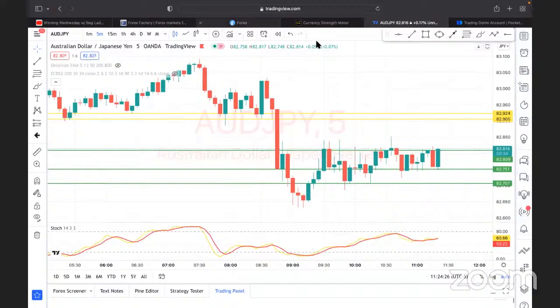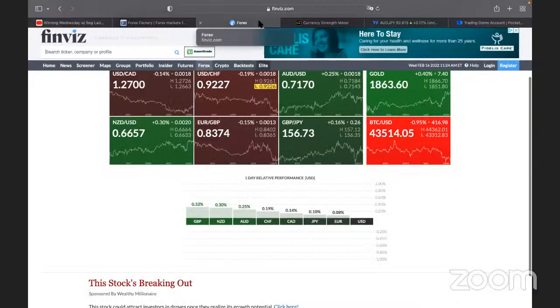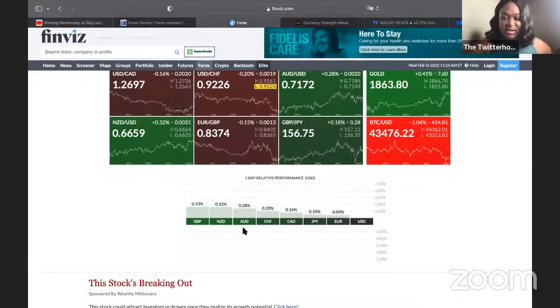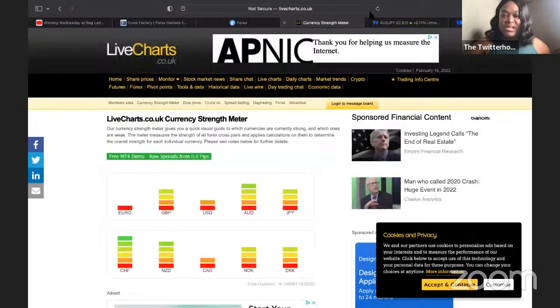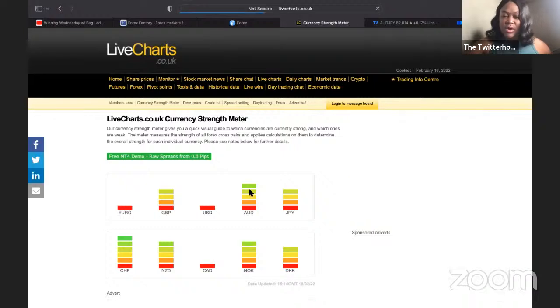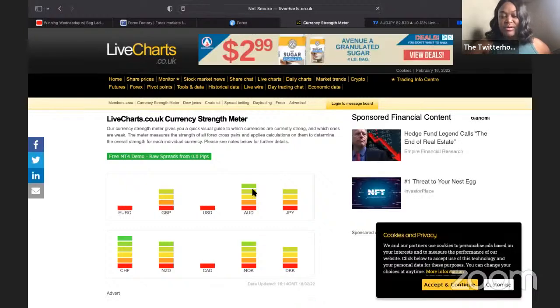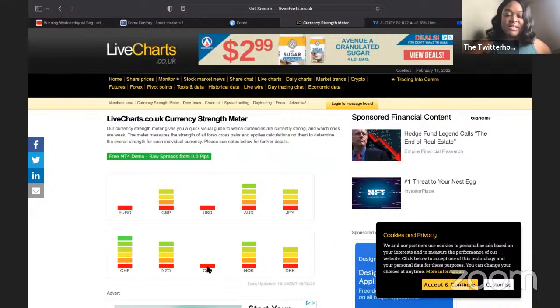I had said AUD CAD. Let me just double check. Things are constantly moving. Yep, AUD CAD, where AUD is stronger than CAD. When the first currency, or the base, is stronger than the second currency, or the quote, we are looking for buys.